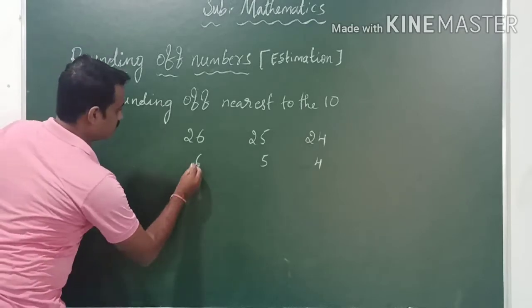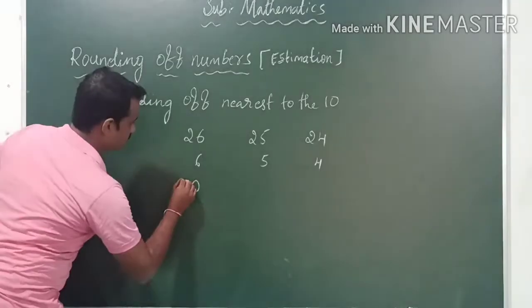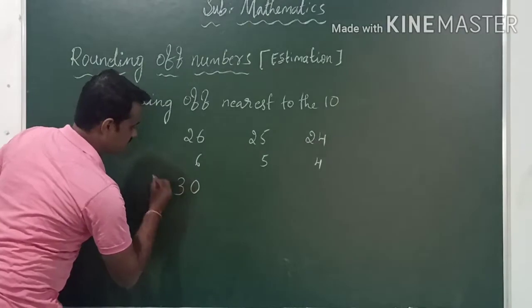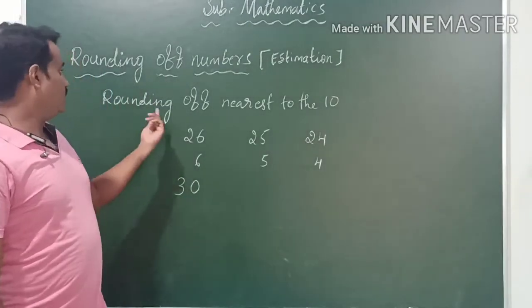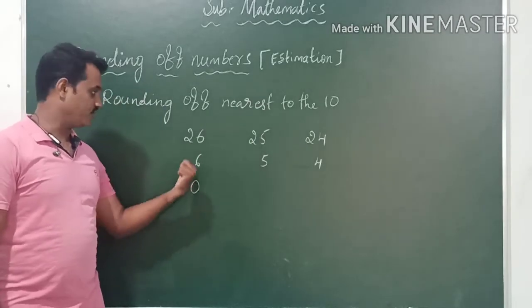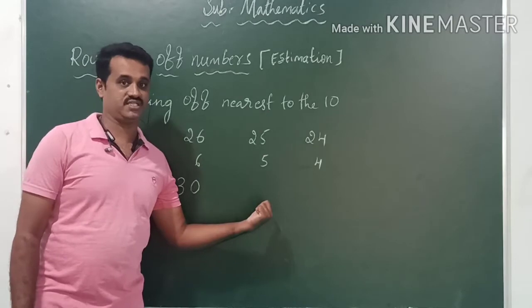How? See, 26 can be written ones place 0, add 1 to the tens place, that means 30. So, rounding off nearest to the 10, 26 is 30. Approximate estimation, we say this.